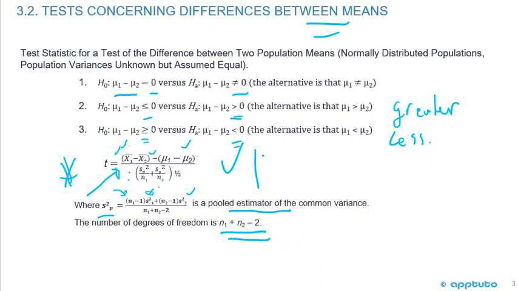So this formula, a little bit tricky. The numerator's not too bad. Denominator, a little bit more tricky, but I think when we work through an example, you'll see that it's not too bad.